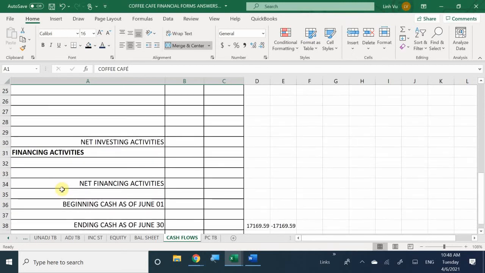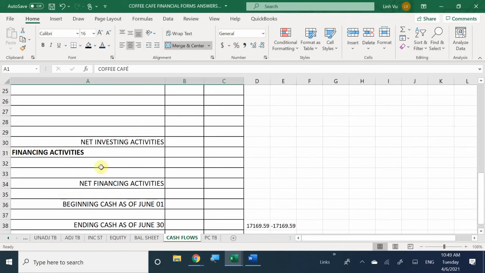And then lastly is going to be your financing activities. Financing activities will involve anything that's a long-term liability. So if you ask for a loan, you received money, right? Anything that affects financing is going to be if you take anything away from your equity, okay?